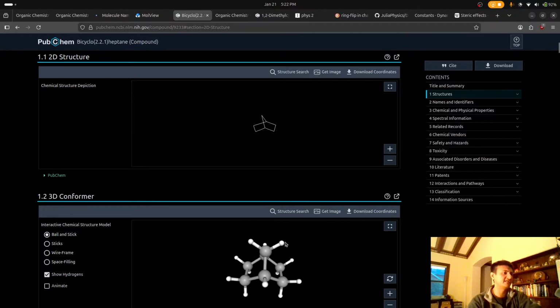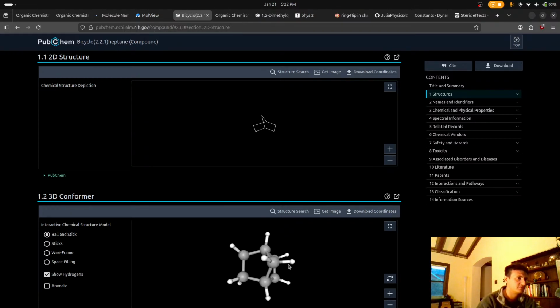It's two pentane rings fused together. But its geometry is freaky because 1, 2, 3, 4, 5, 6. Oh, I get it. So if we 1, 2, 3, wait, I don't get it.